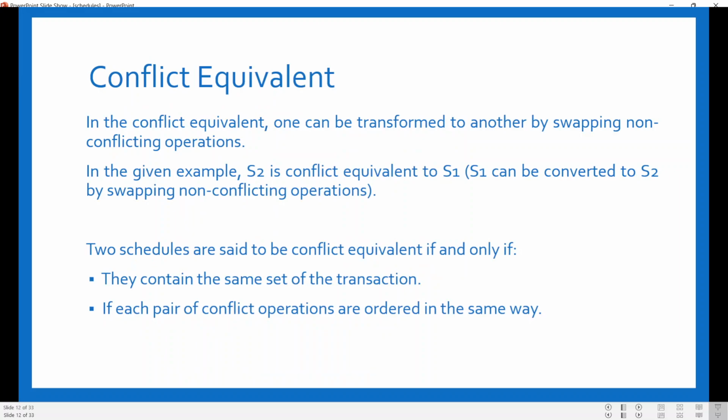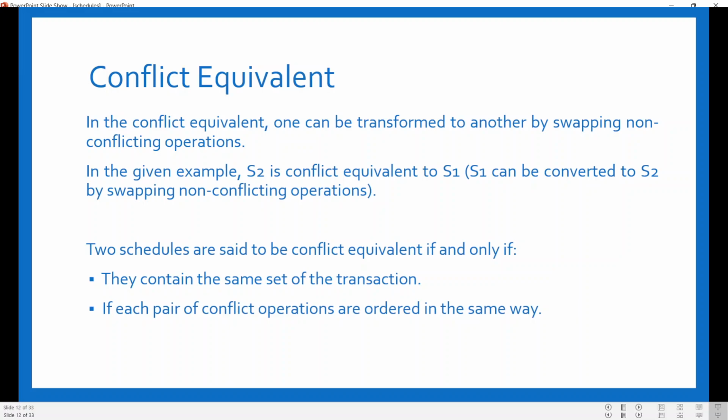So what is meant by conflict equivalent? Conflict equivalent means we can transform one schedule into another just by swapping non-conflicting operations. If we can do that, then we say it is conflict equivalent.